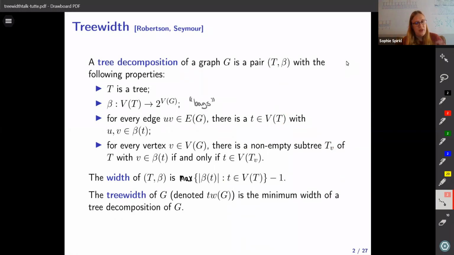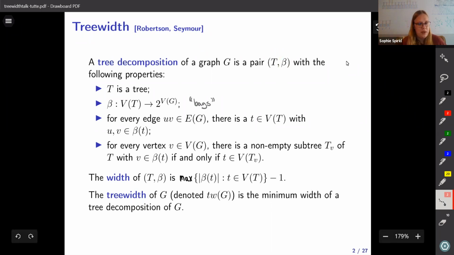So what you saw on the previous slide, the picture in the middle with the colorful sets, is a tree decomposition. A tree decomposition of a graph means a grouping of vertices of the graph in a tree-like fashion. In the following sense, it consists of a tree, and this is not a tree in the graph itself. This is any tree that does not have to occur in the graph, is not related to the graph at all.